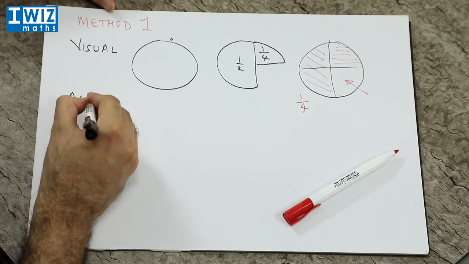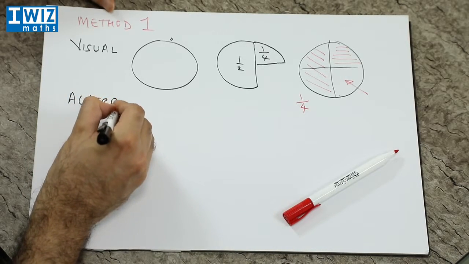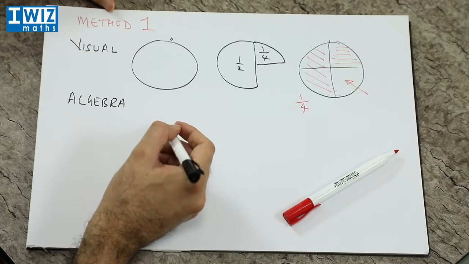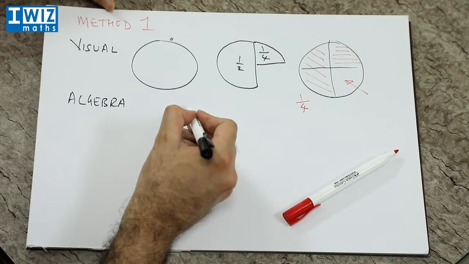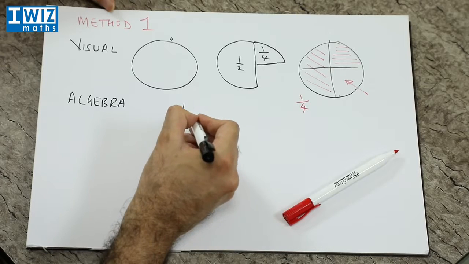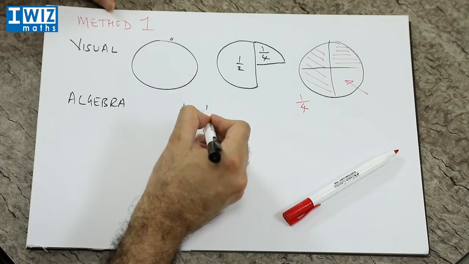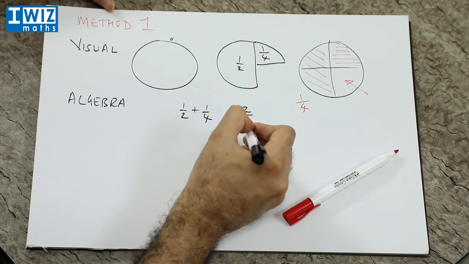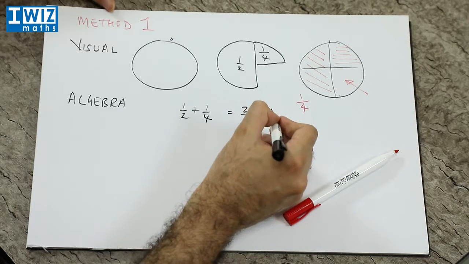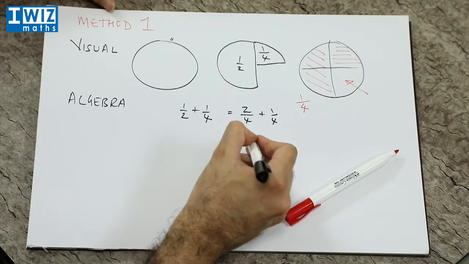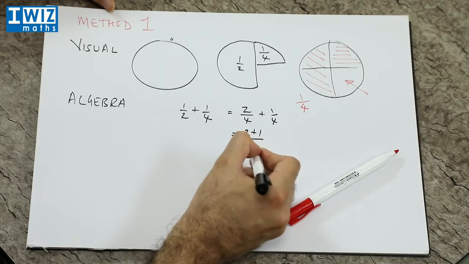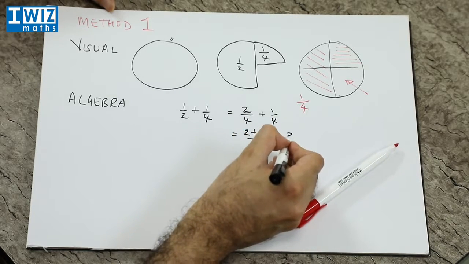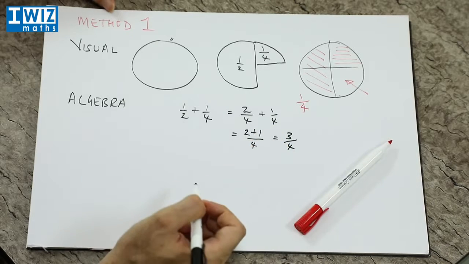So if we look at algebra, then what we are doing here is saying that first we will add up 1/2 plus 1/4, which is 2/4 plus 1/4, which is (2 plus 1) divided by 4, which is 3 divided by 4.